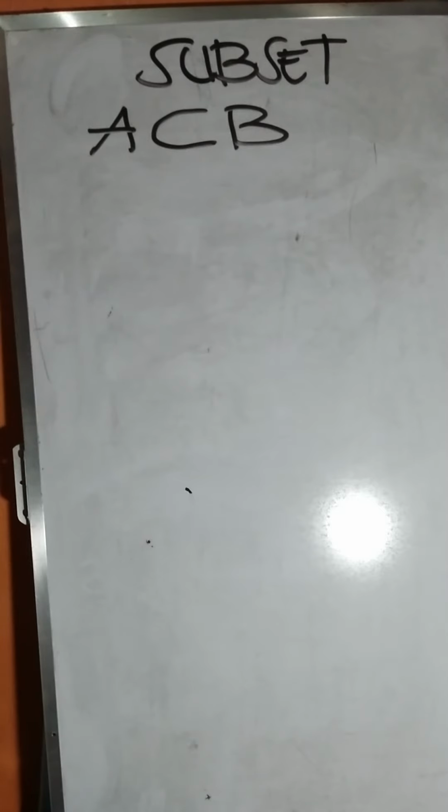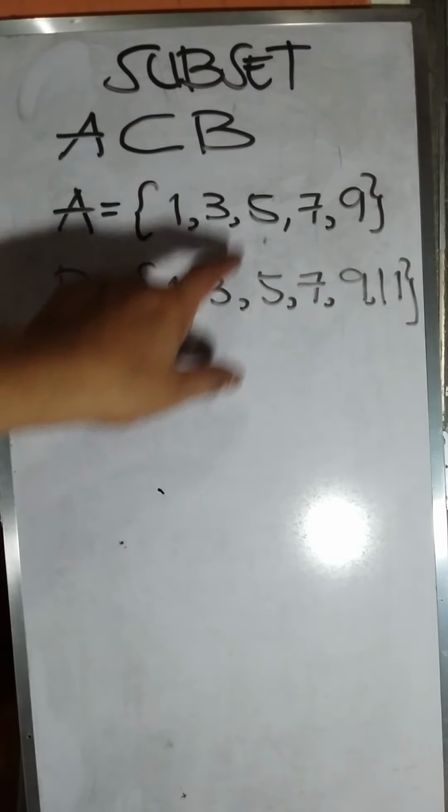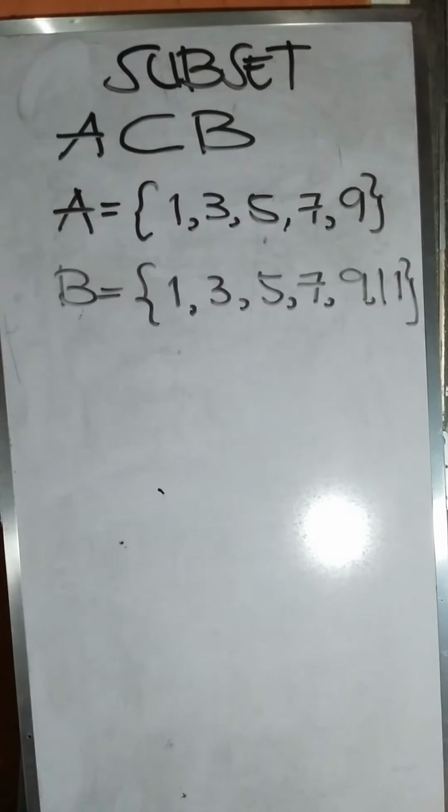Example natin is set A contains 1, 3, 5, 7, and 9. Set B contains 1, 3, 5, 7, 9, and 11. Ang sabi po, set A is a subset if all elements of A are in set B. Lahat po, 1, 1, 3, 3, 5, 5, 7, 7, 9, 9, meron lahat.